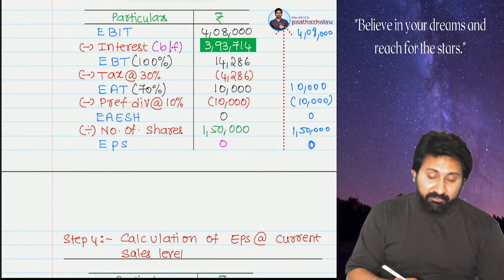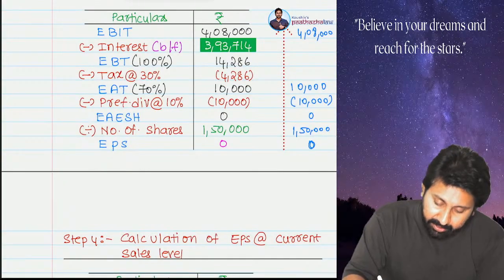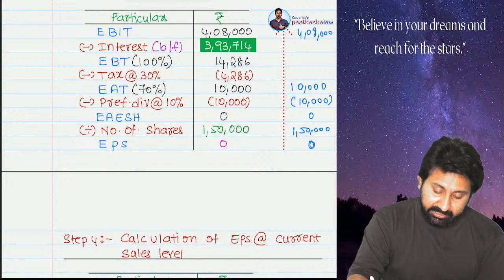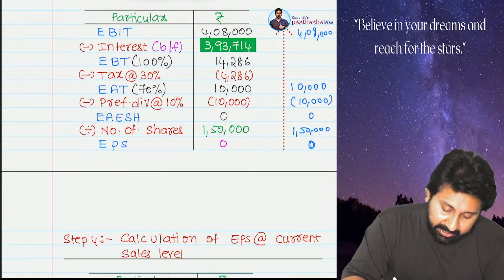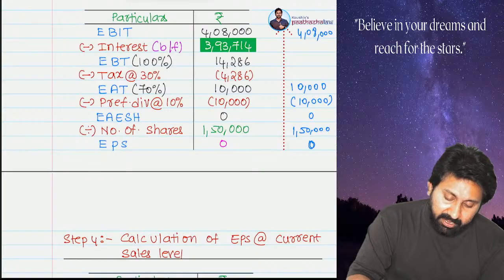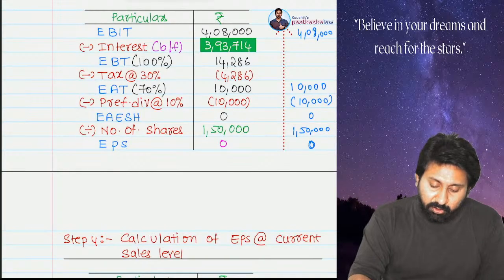Now the question, please listen carefully, this is important. This 10,000 is equal to 70%, with tax rate at 30%. EBT will be 14,286.